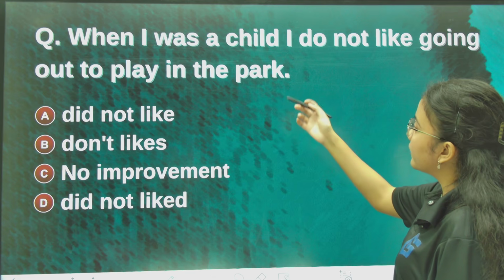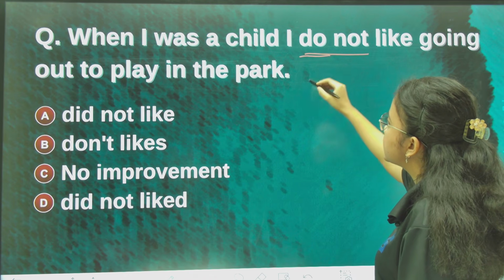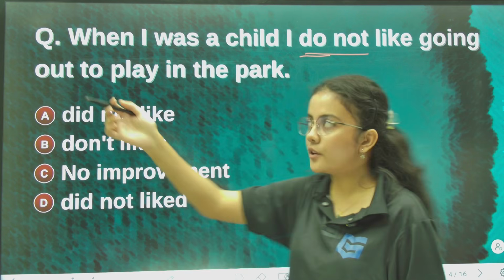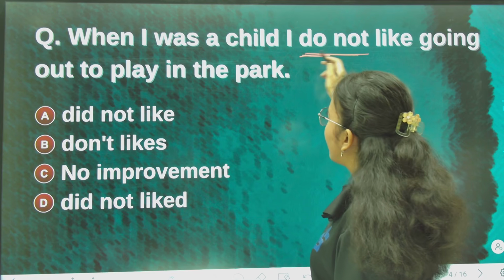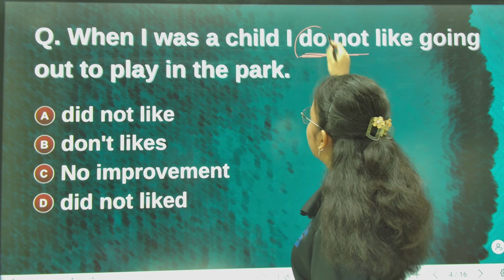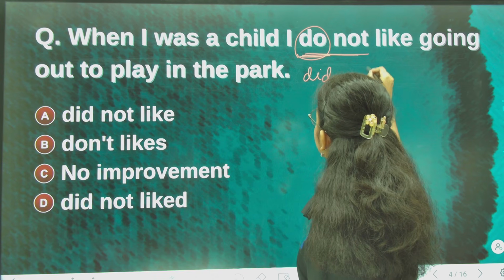When I was a child, I do not, what is do? Do is present. So since the event is past, it is not present tense, do not is not correct. So what will it be? Since the event is in the past, the verb form will be past, did not.